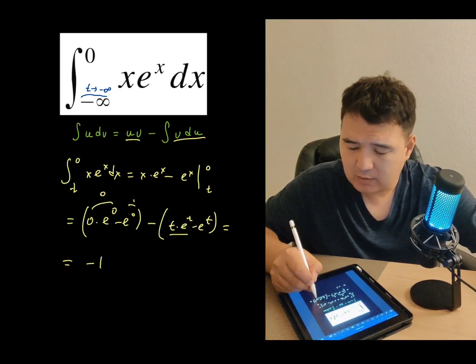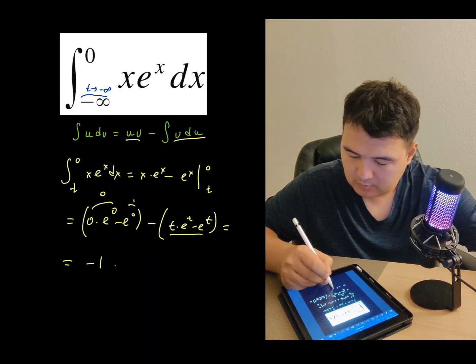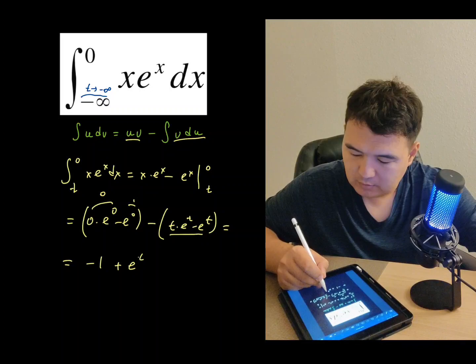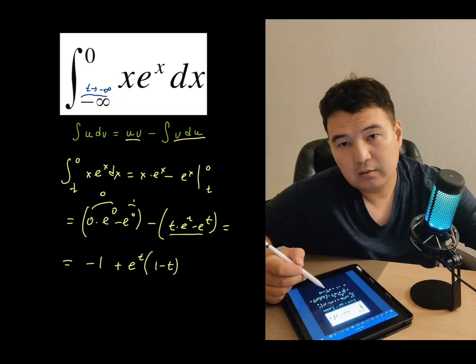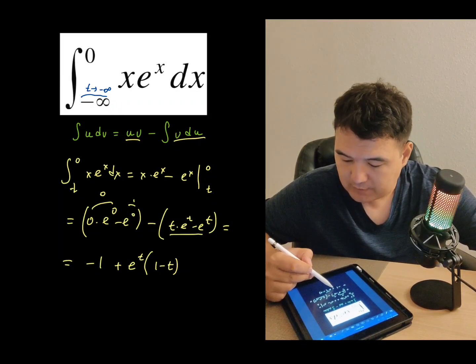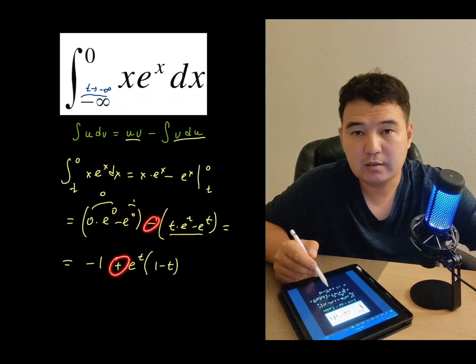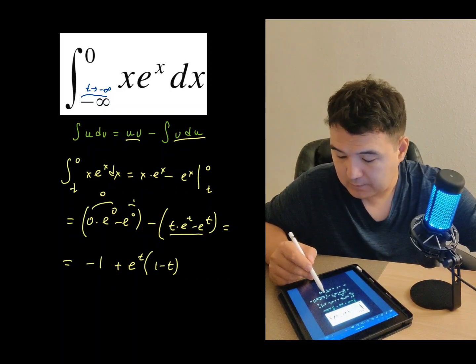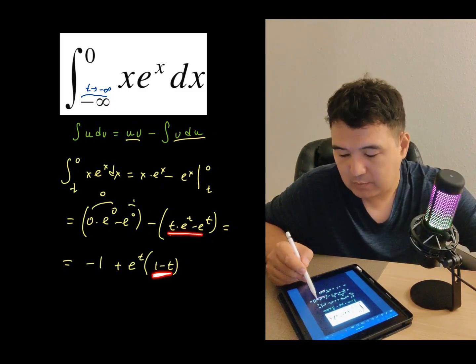Let's take e to the power t out of the parentheses, so we will have e^t times (1 minus t). Note that we have a positive sign right now instead of negative. That's because I wrote it as 1 minus t, not t minus 1.